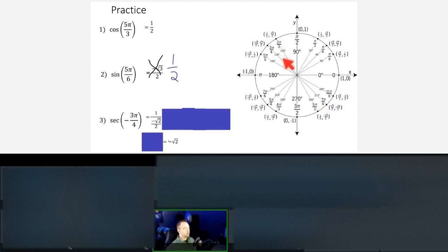So we're going negative 135 degrees. That puts us right over here. So this is negative 135 degrees, or negative 3 pi over 4, and the x value here is negative radical 2 over 2. So it's 1 over the x value. Everyone's good on the setup, right?